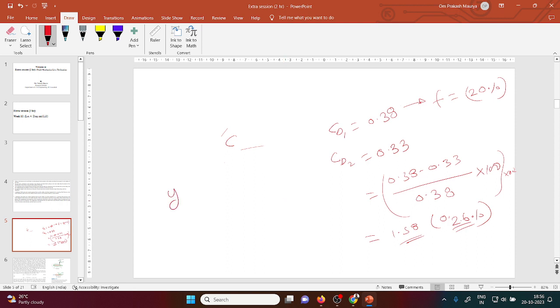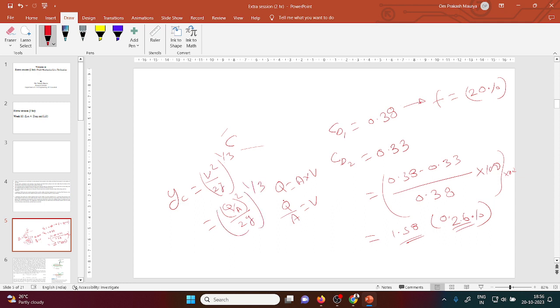So the formula of critical depth is what? EC is equal to y plus v square by 2g, or something. Yes, v square by 2g, power 1 by 3, right? So if you calculate, discharge is equal to area into velocity, right? Yes, sir. So it will come like that. So Q by A square divided by 2g power 1 by 3, right?